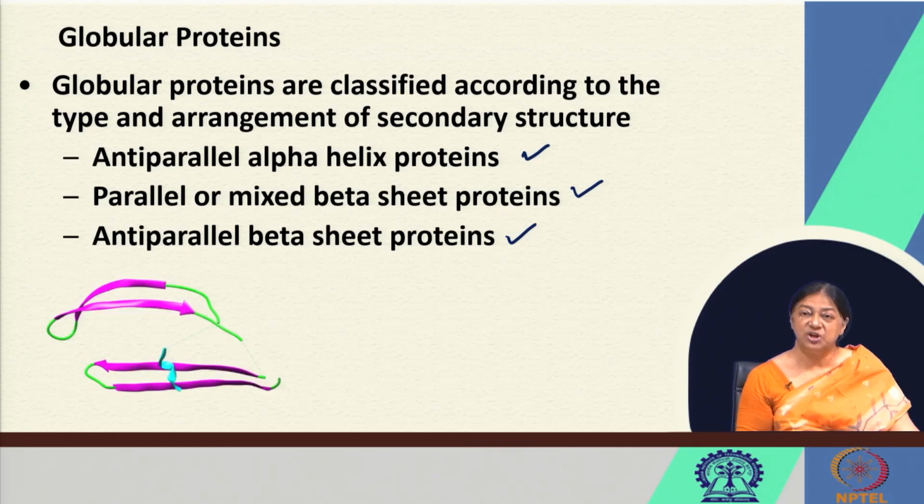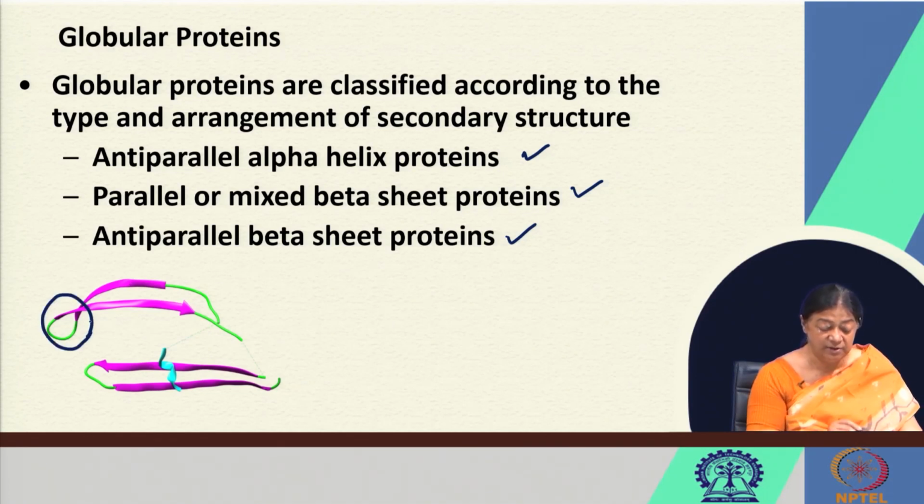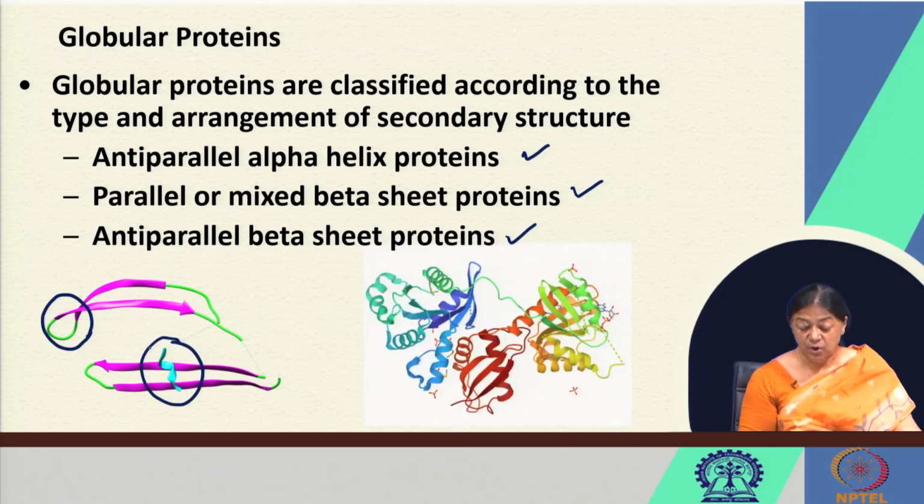So, we can have a structure like this where we can have the beta sheets, the beta strands linked together, or we can have them with an alpha helix. We can have these structures as we can see a mixture now of helices and beta sheets. Now, we know that the beta strands interact with each other to form the beta sheet by hydrogen bonds.